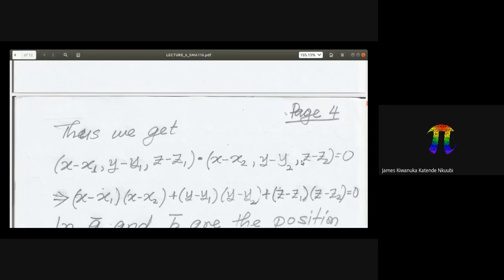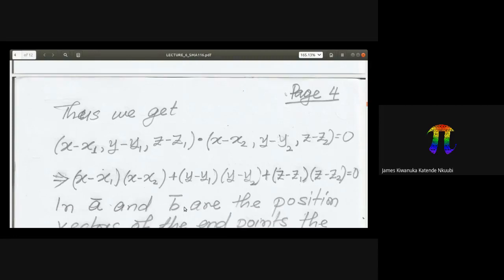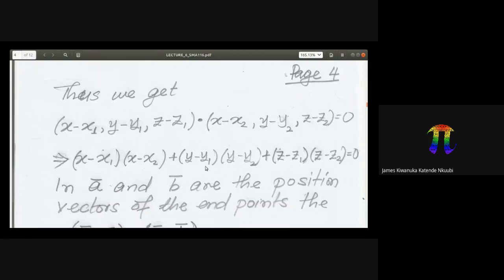And on this end, you'll have the position vector for PB. Since the two vectors are perpendicular, their dot product should be equal to 0. When you work out the dot product, this is what you get. So your equation for the sphere will look like this.